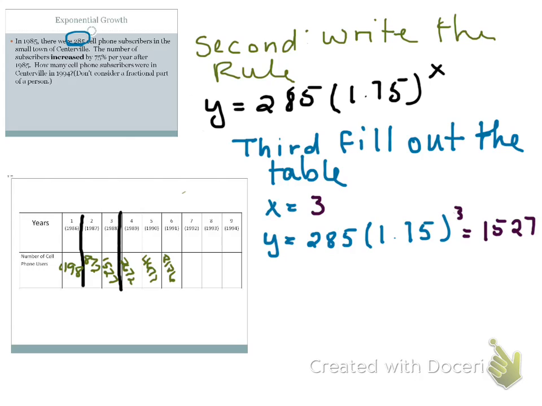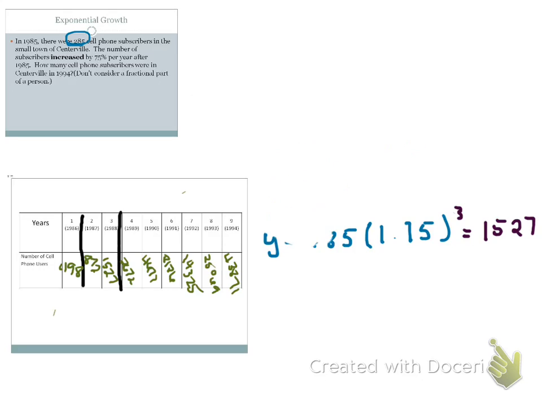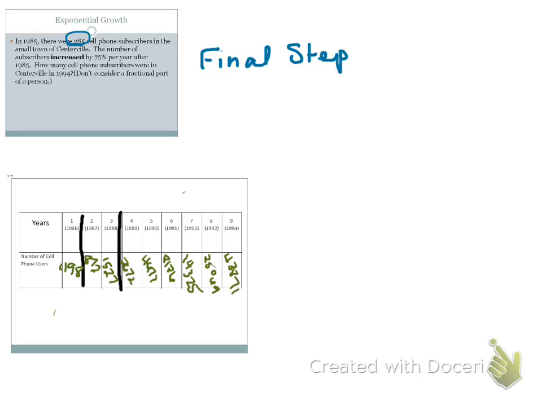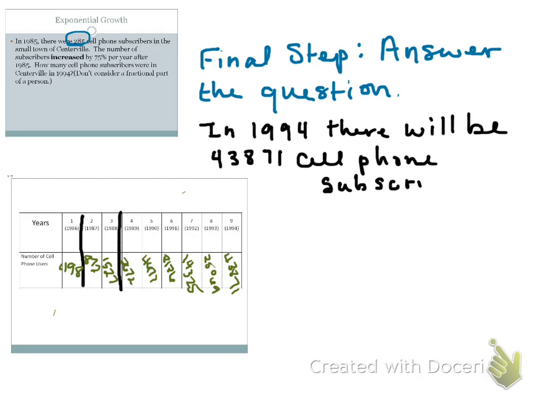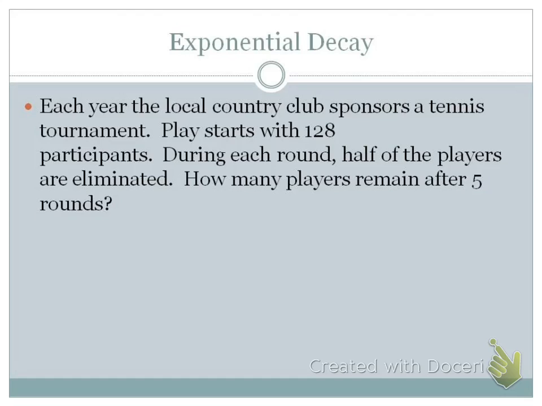And then you keep on filling the table out for each year until you hit 1994. We're still not done. We have to go back to the question because it's asking us how many subscribers were in Centerville in 1994. So, if we look at our table in 1994, there were or will be 43,871 cell phone subscribers.